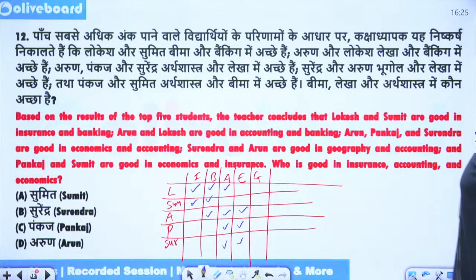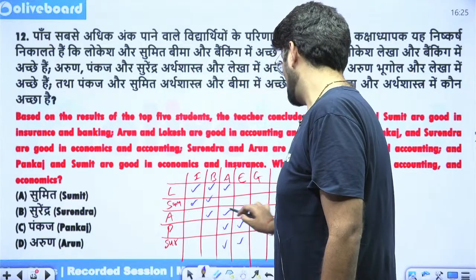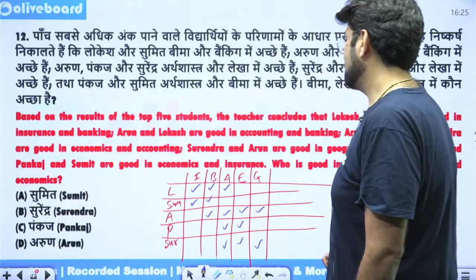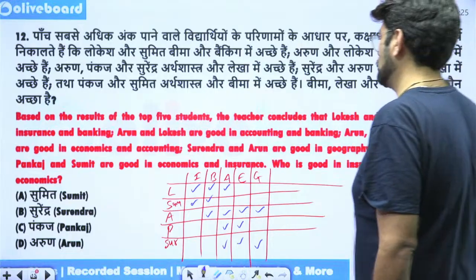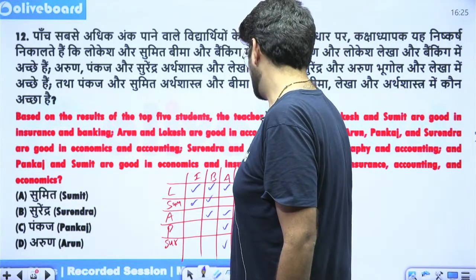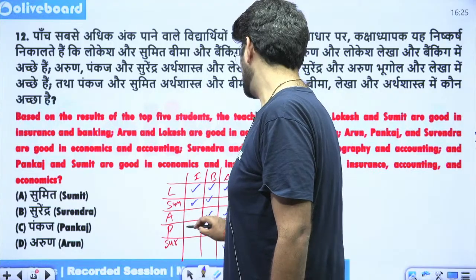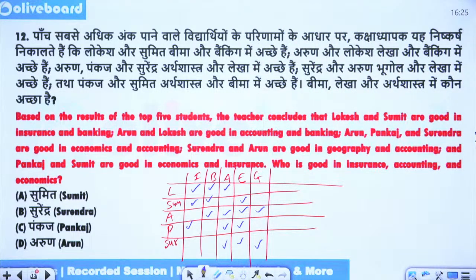Surendra and Arun are good in geography and accounting. And Pankaj and Sumit are good in economics. And who is good in insurance, accounting and economics? Insurance.